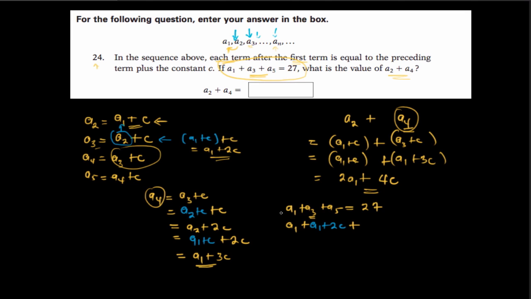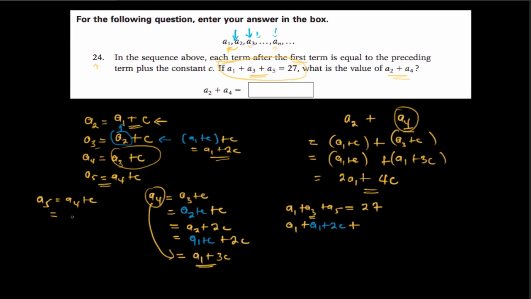Then plus, now A5. How do I find A5? From what I have here, my A5 equals A4 plus C. Then to find my A5 in terms of A1, you'd observe my A4 here equals A1 plus 3C.